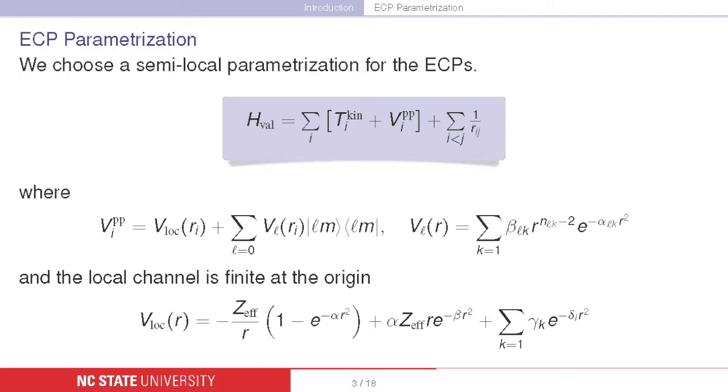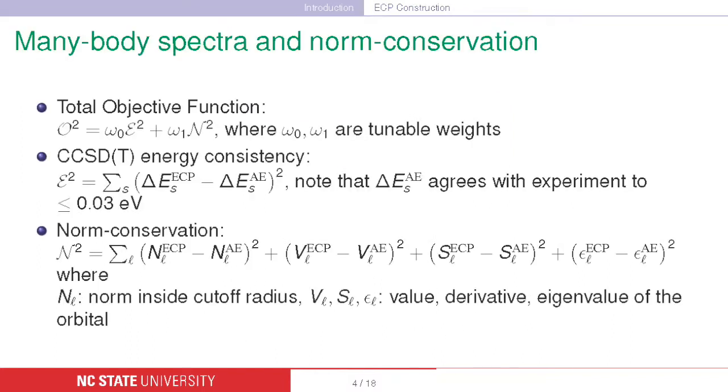And then to actually optimize these, which is where the many-body information comes in, we use an objective function that includes both many-body energy consistency and norm conservation. The real deviation from previous pseudopotential constructions comes in this step.